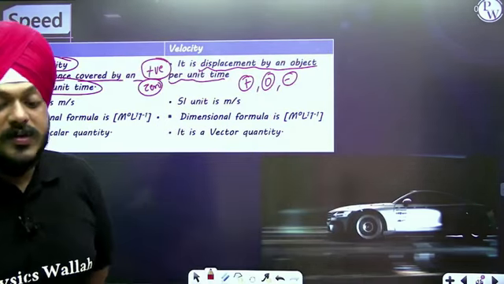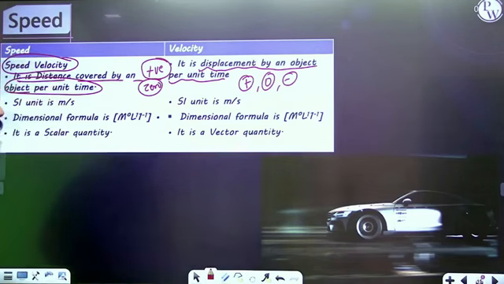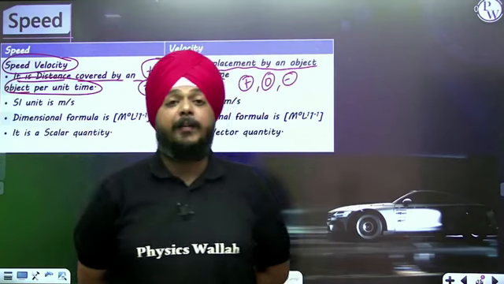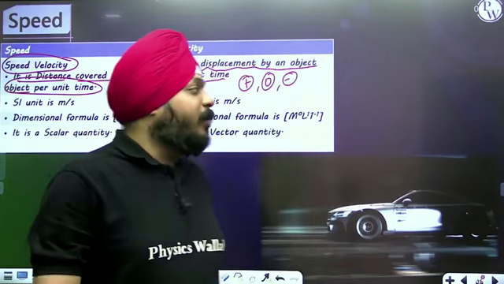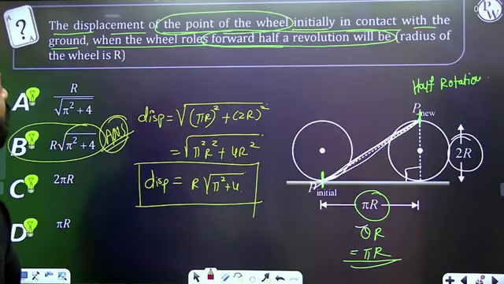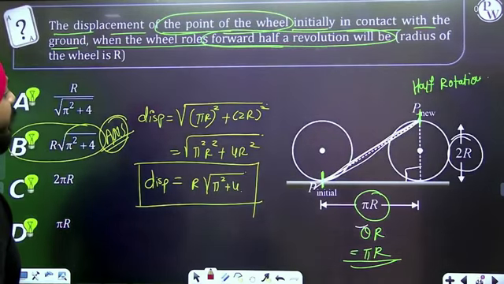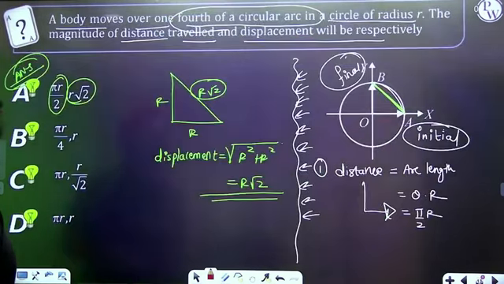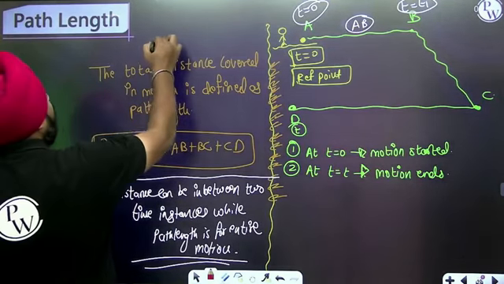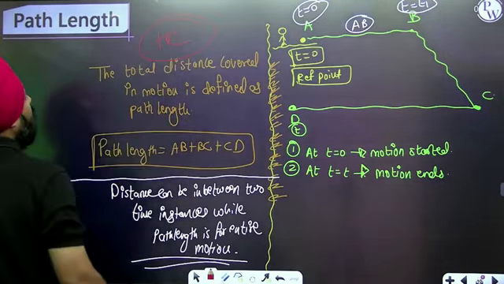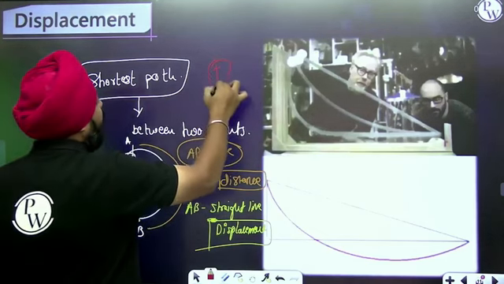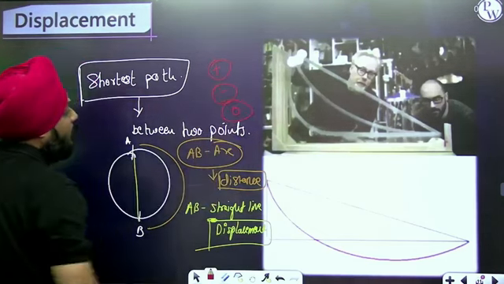Speed is always positive. Velocity can be positive, 0, or negative. It completely depends on, as I told you, distance is always positive. Displacement can be positive, can be negative, can be 0.